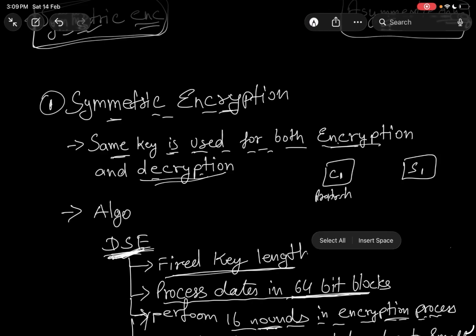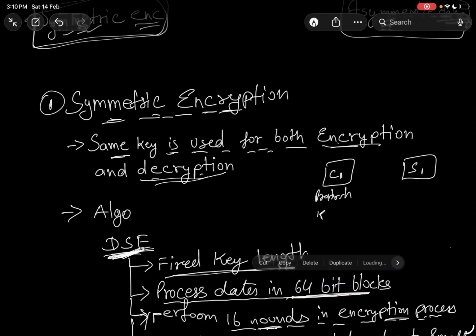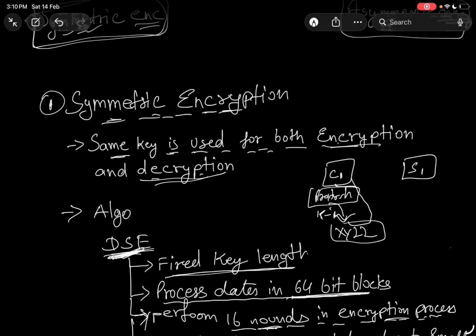Because I'm using symmetric encryption, I need to use the same key. Let's say my key is 1 here. Now when I encrypt this, it will become a ciphertext, any unreadable text. Now I will send this text to S1.